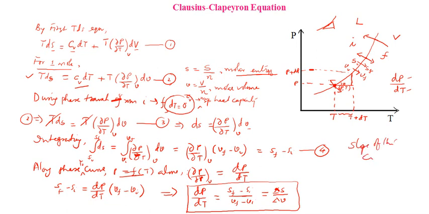So the Clausius-Clapeyron equation is a mathematical relation connecting the slope of the coexistence line with the changes in the specific entropy and the volume of the substance as it crosses the line, during a phase change.